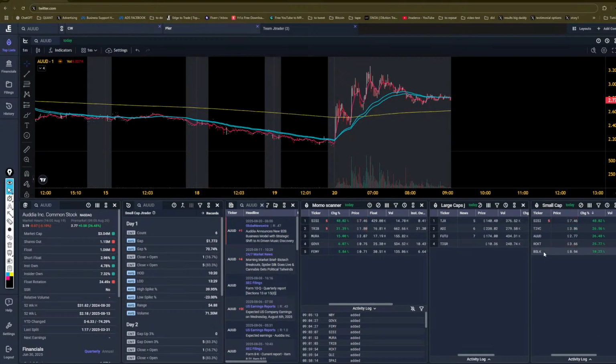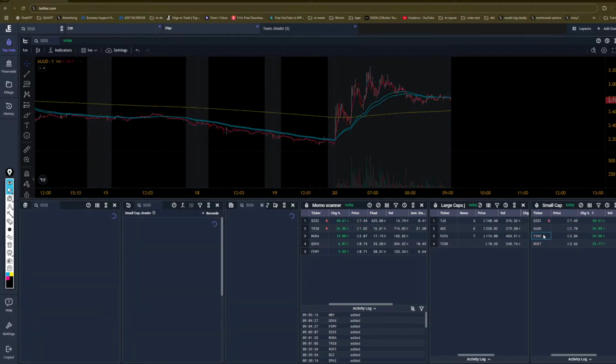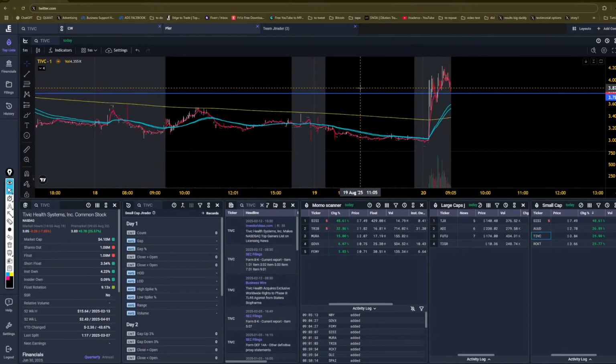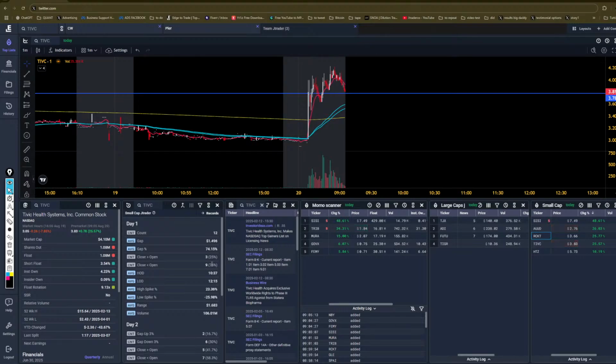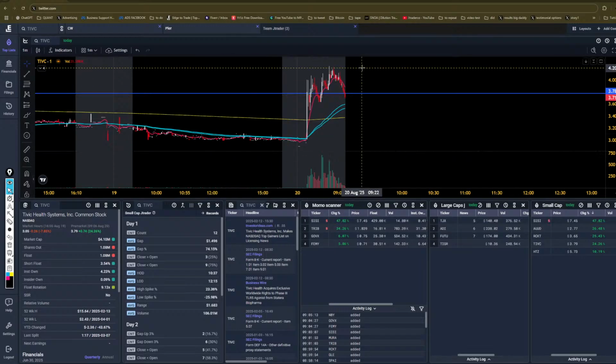What else we have this morning? We have TIBC, which is a stock that also has a history of failure. The stock had 12 gaps and 9 times, so 75% of the time, we faded on day one. This means it can extend because we see this average spike of 23%.